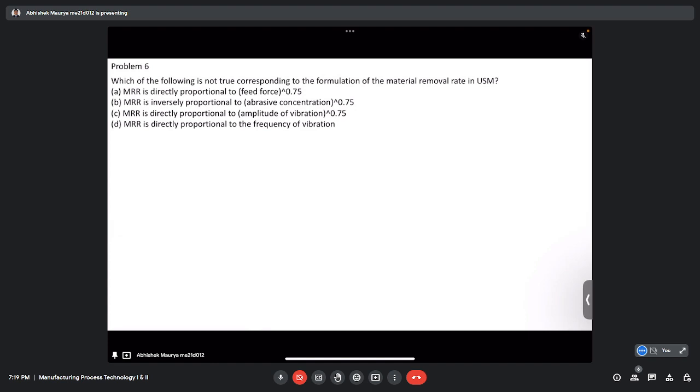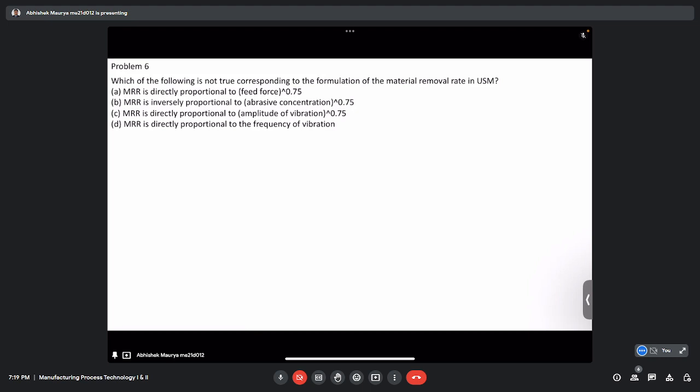Okay, so let me help you out a little bit. In ultrasonic machining, as I told you, we want to machine a workpiece, and we do it with the help of ultrasonic vibrations, and we use abrasive slurry for the machining purpose to remove the material.